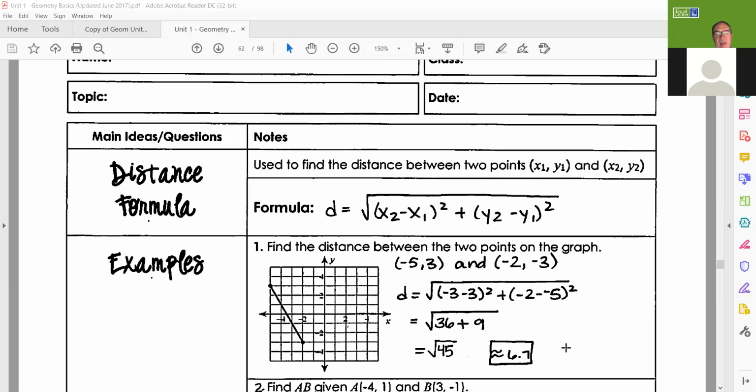Right away, you're going to see that you've got what's not a perfect square. In other words, it does not come out even. We talked on Tuesday about using the calculator. And it's going to look different.